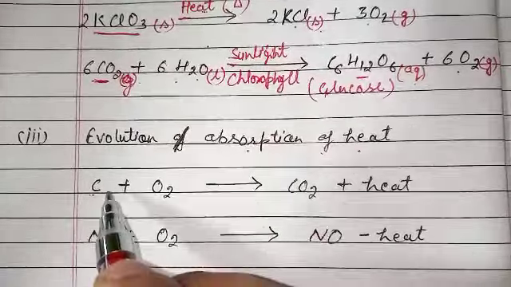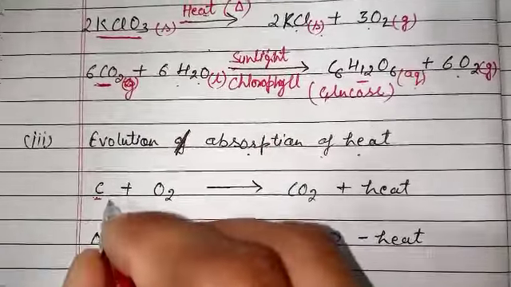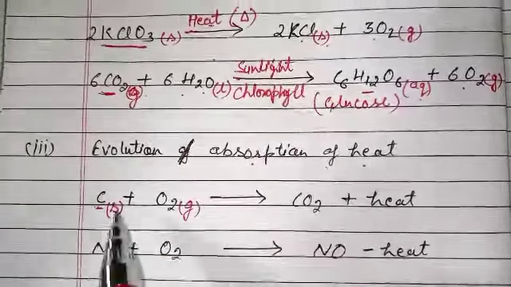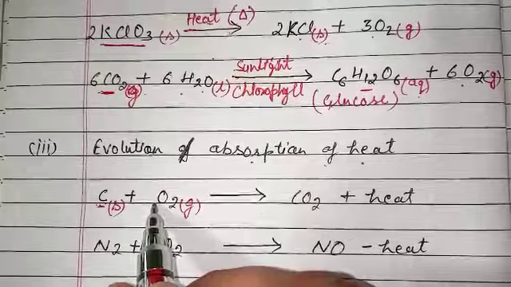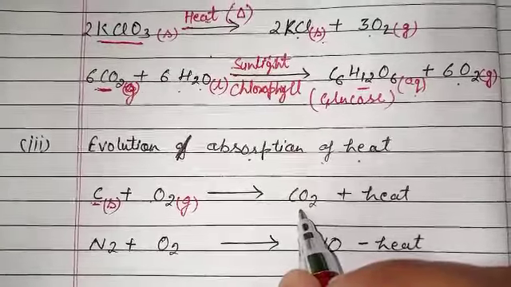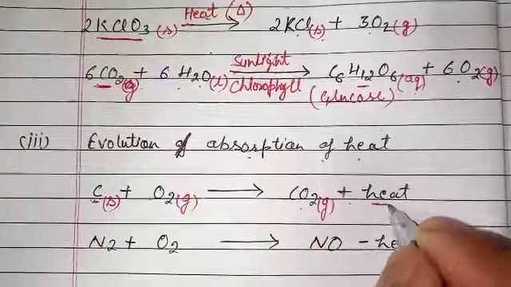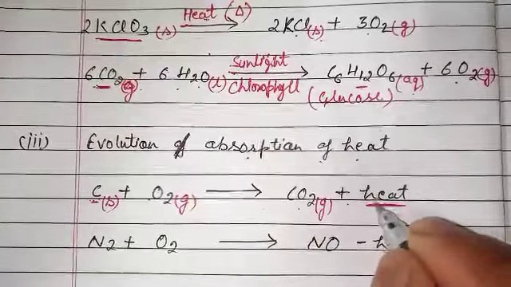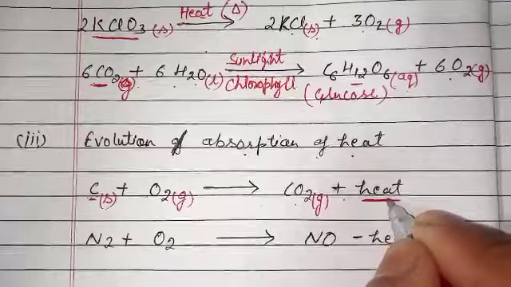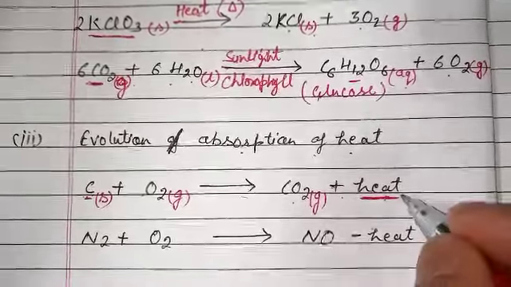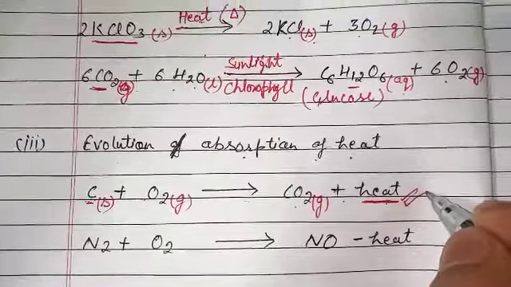So in this reaction, the carbon which is solid and the oxygen which is gas, when they react, produce carbon dioxide as a gas along with a large amount of heat. So we will write plus heat here. Clear? So this will indicate that in this reaction a large amount of heat is generated.